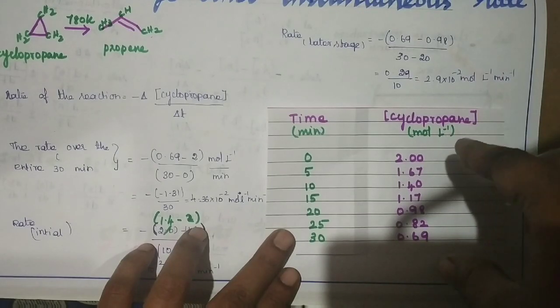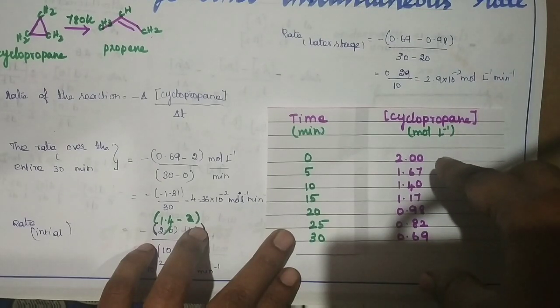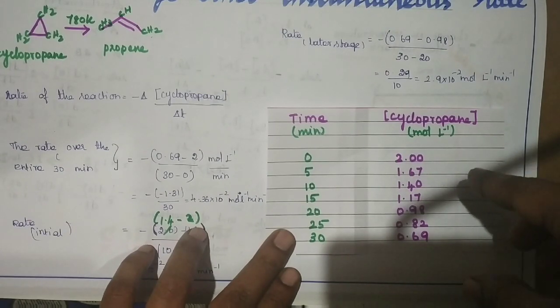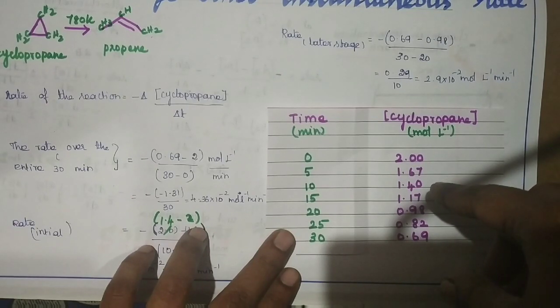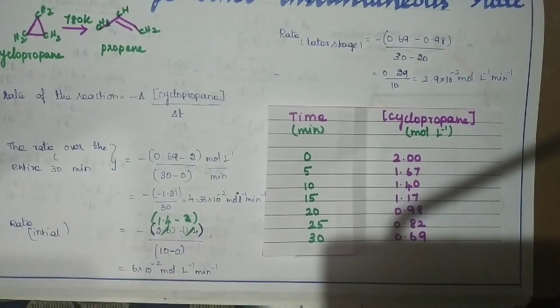Therefore, the rate of the reaction at a particular instant during the reaction is called the instantaneous rate. What is instantaneous rate? The rate of the reaction at a particular instant during the reaction is called the instantaneous rate.